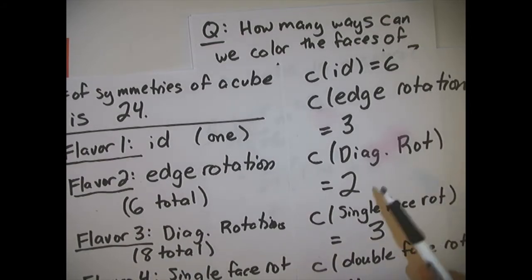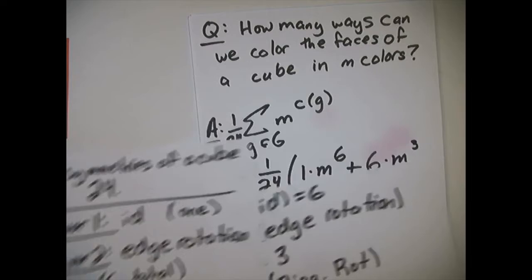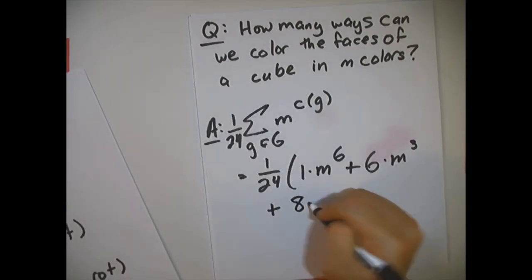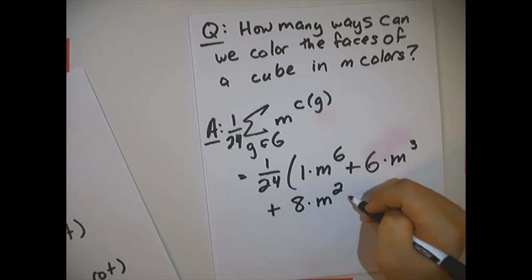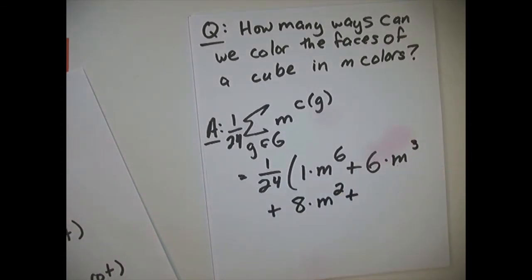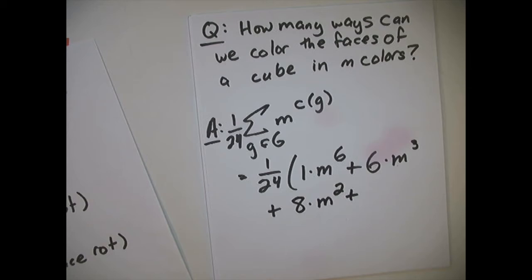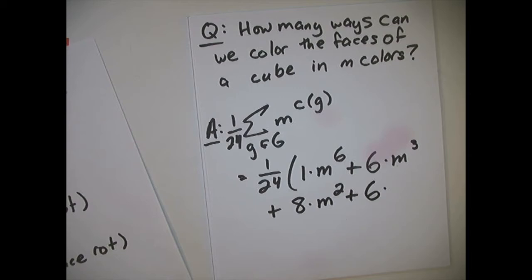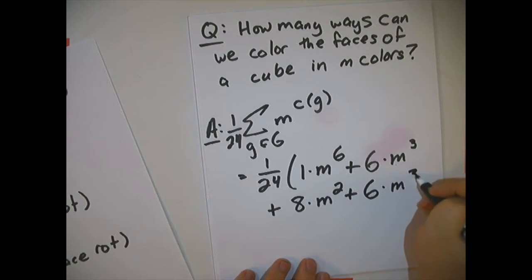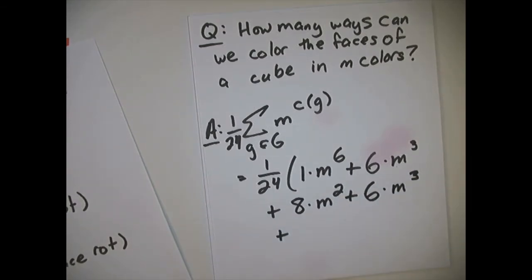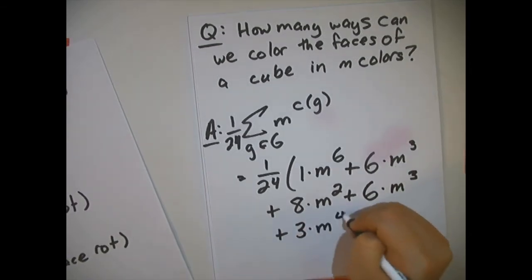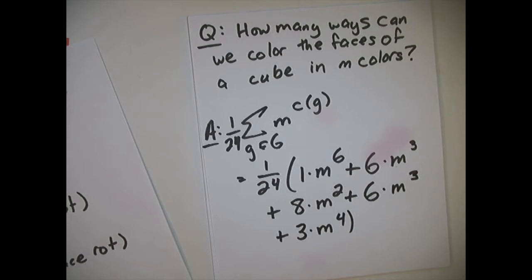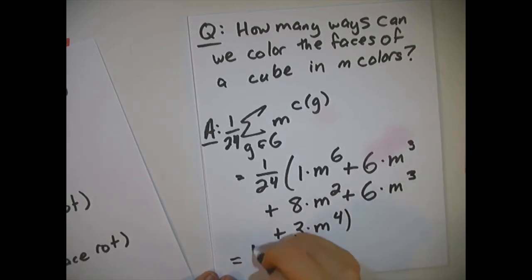Each of them has a cycle number of 2, so that is going to give me a contribution of 8 times m squared. Plus, okay, and finally, you can look at your sheet of paper. For the single face rotations, there are 6 of them. And they have a cycle number of 3. Plus, finally, we have the double face rotations, of which there are 3, and they have a cycle number of 4.